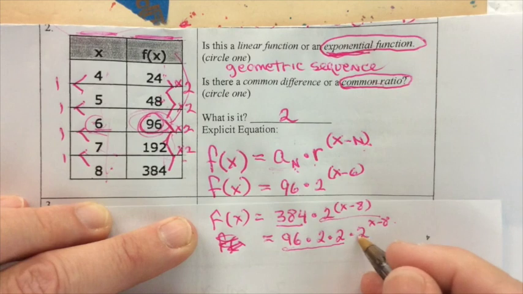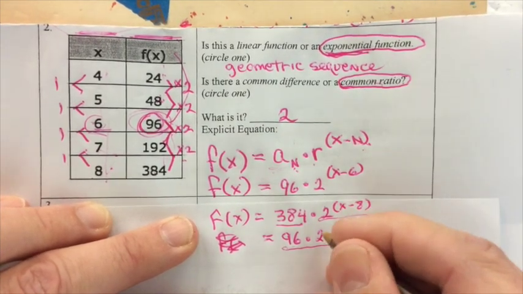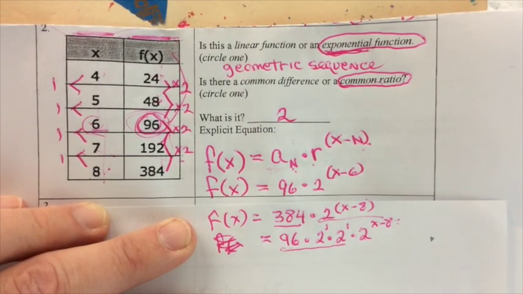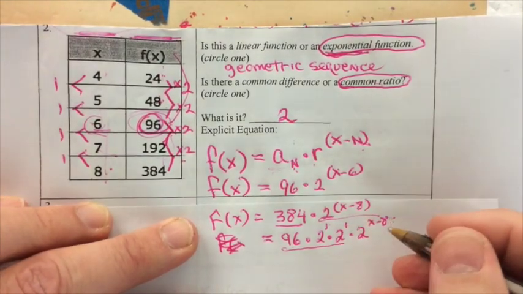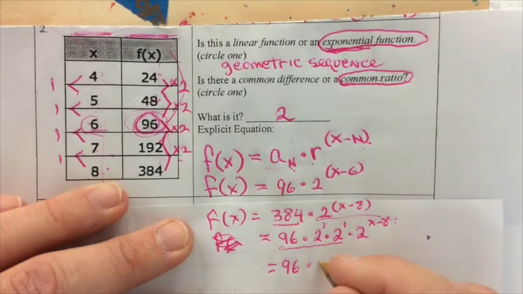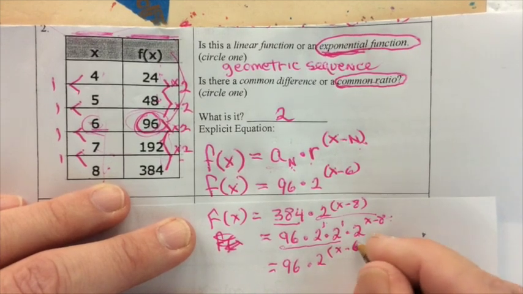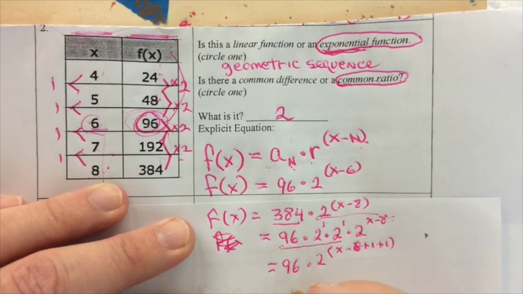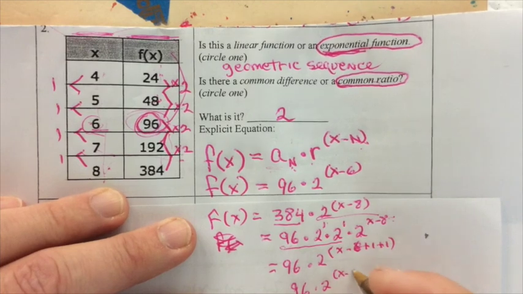If I'm multiplying this by 2 to the x minus 8, this is 2 to the first power. If I'm multiplying and I have the same base number, I can add the exponents. So that makes this 96 times 2 to the x minus 8 plus 1 power. And when you simplify that, that's 96 times 2 to the x minus 6.